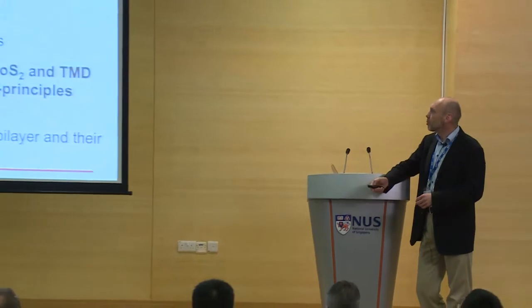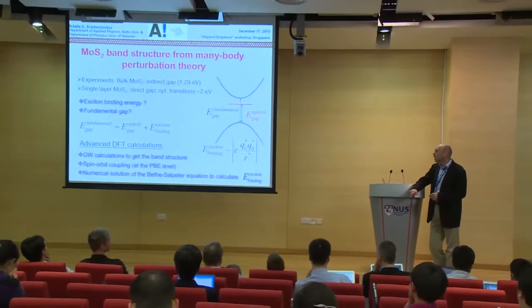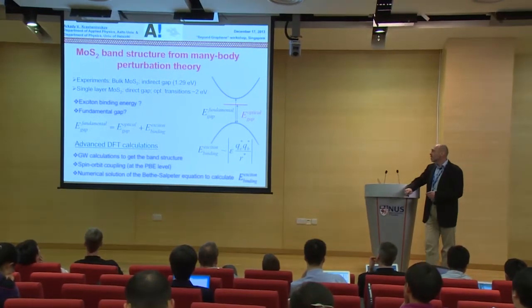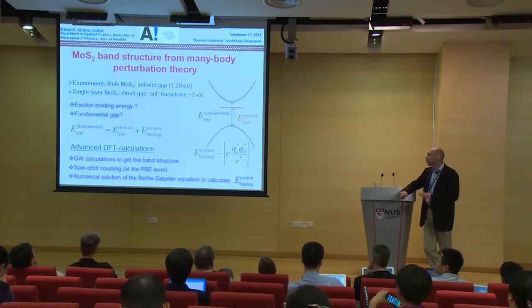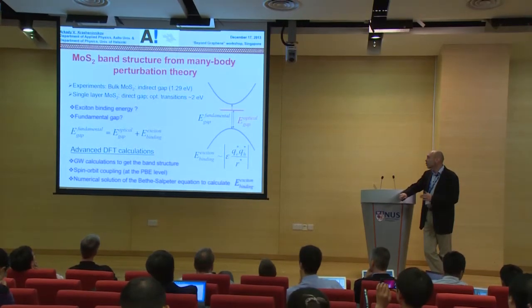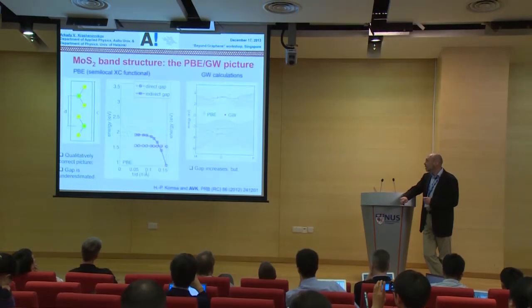about electronic and optical properties of molybdenum disulphide and heterostructures. Well, these issues have been touched upon several times during this workshop, so I basically do not need to repeat about excitons in molybdenum disulphide.